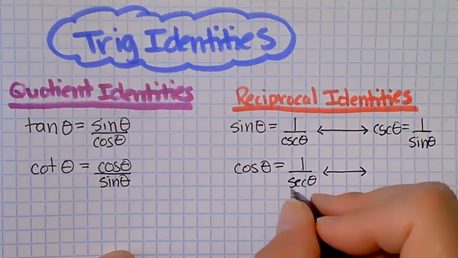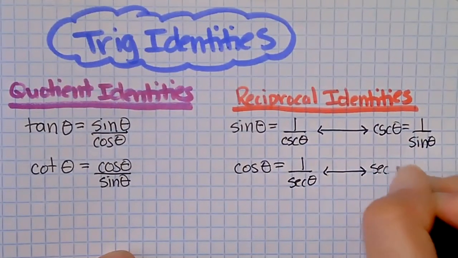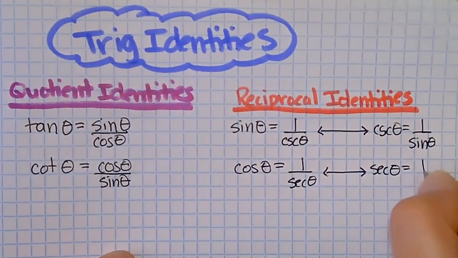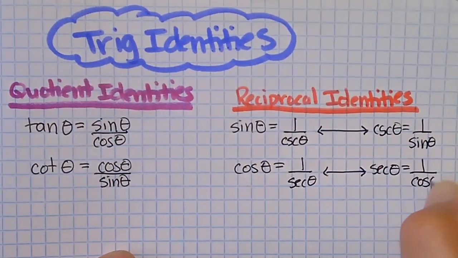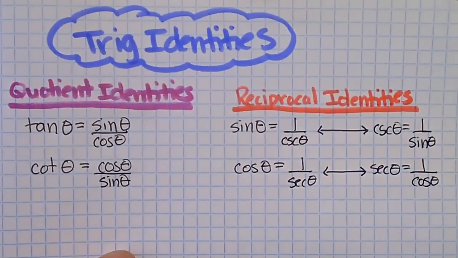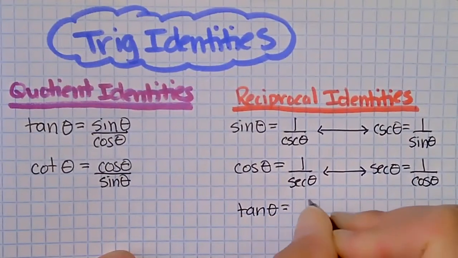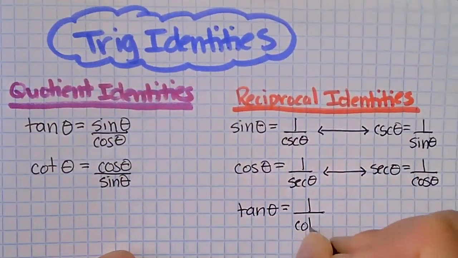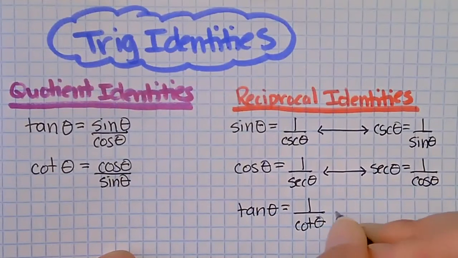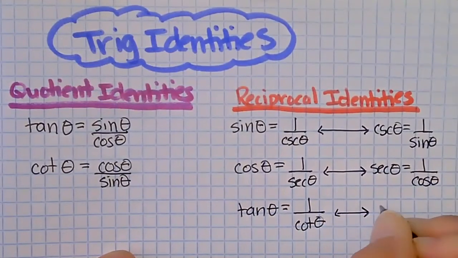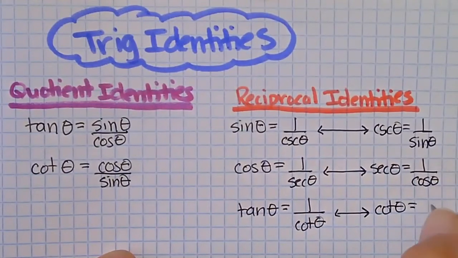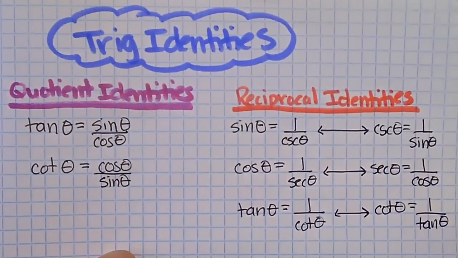And that means secant theta can be written as 1 over cosine theta. Now, cotangent and tangent are reciprocals, so tangent theta is equal to 1 over cotangent theta. And cotangent theta is equal to 1 over tangent theta.